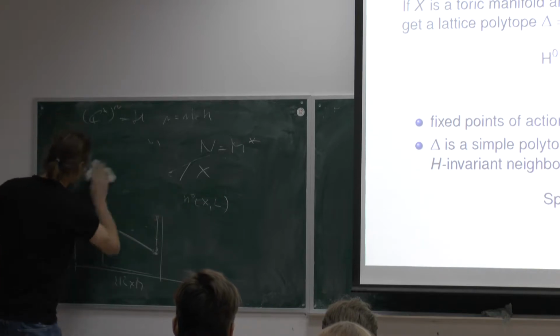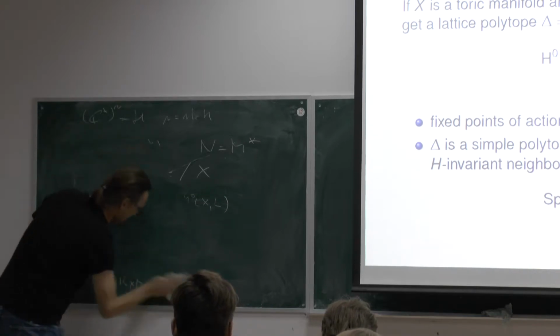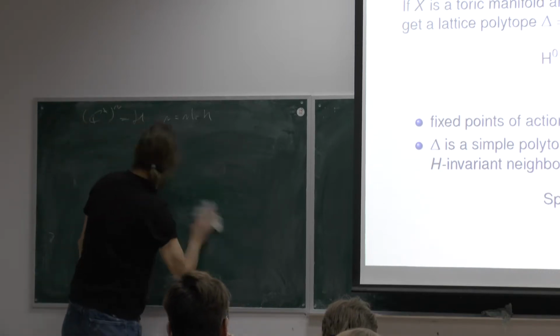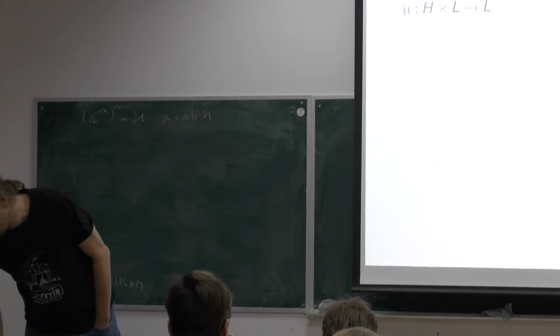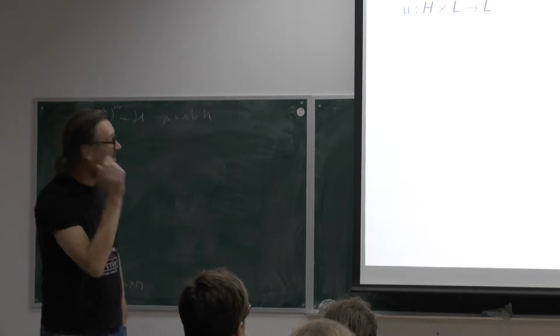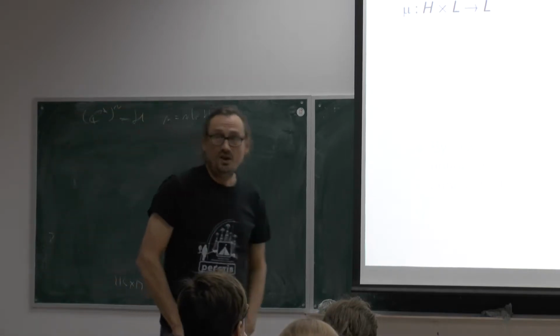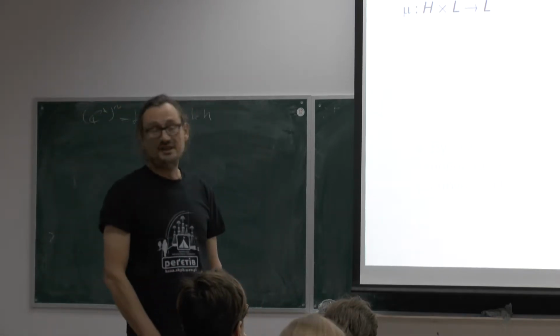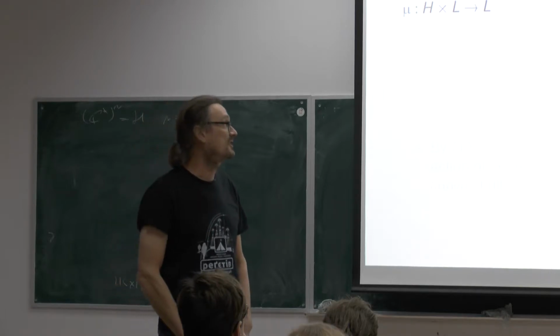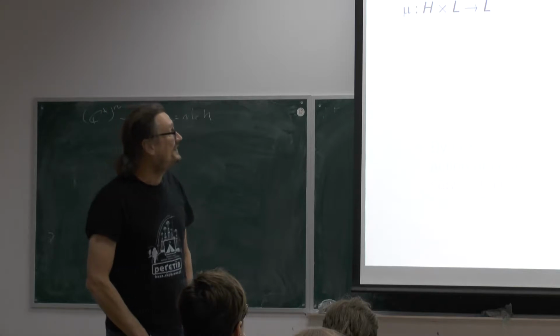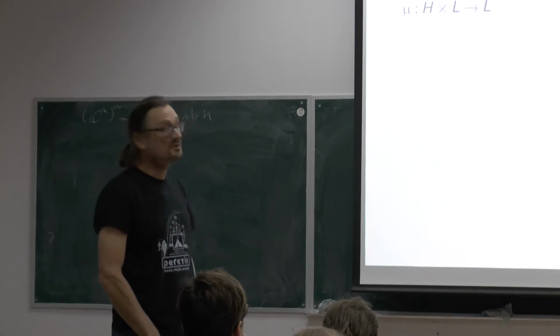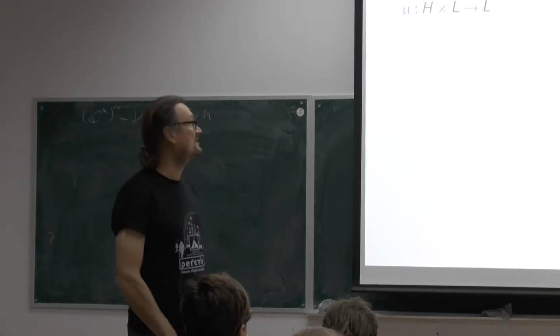So now, what I want to do is to consider the case when this torus H acts on a variety of bigger dimension, so that actually we don't have the dense orbit. I will assume that H acts effectively on a projective variety X equipped with an ample line bundle L, and I will assume that the line bundle admits a linearization.